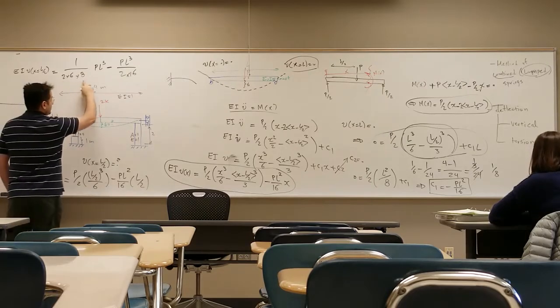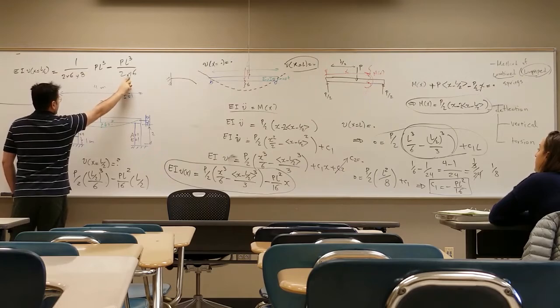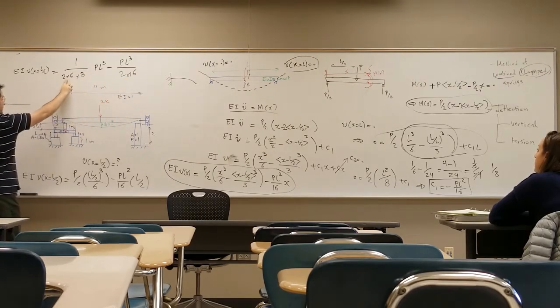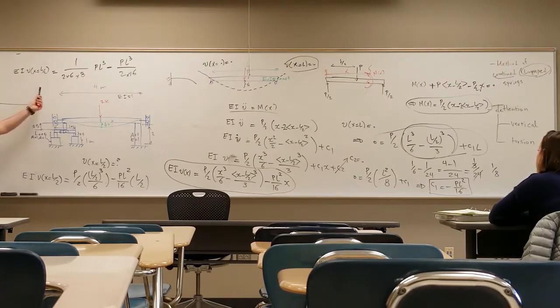We need a common denominator that can handle both of them. So this is 32, this is 96. So what should I put at the bottom so that I can add these fractions together? 96 divided by 96 is the first one, so PL cubed, minus 96 divided by 32 is 3 PL cubed.